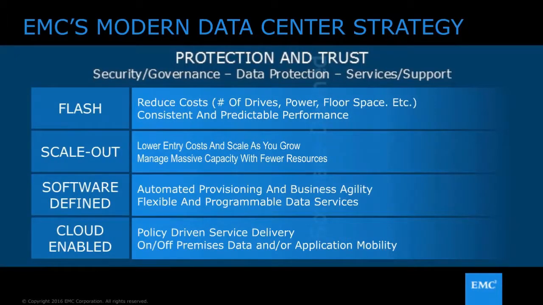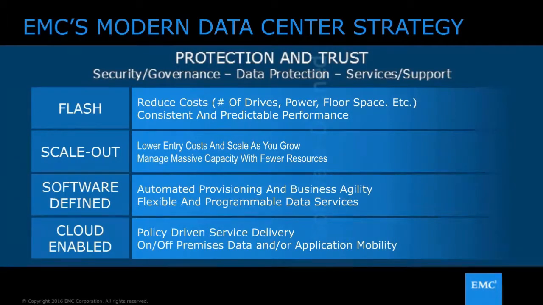In order to drive that underlying IT transformation, you've got to drive what we refer to as a modern data center. You've got to have the underlying infrastructure that gives you the agility and the flexibility to support all of your requirements across your overall infrastructure to support those business transformation initiatives.